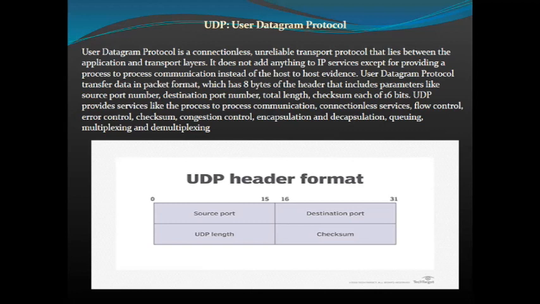It does not add anything to the IP service except for providing process to process communication instead of host to host communication. User Datagram Protocol transfers data in packet format, which has 8 bytes of headers that include parameters like source port number, destination port number, total length, and checksum.